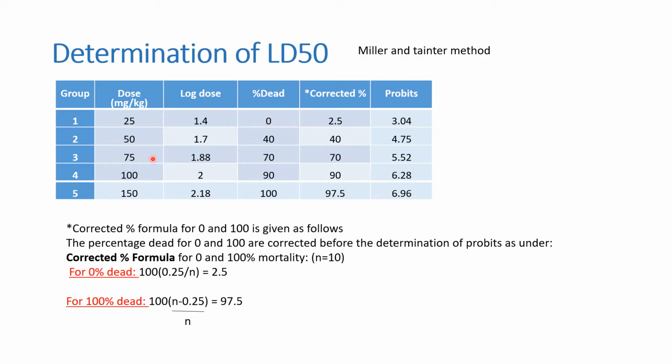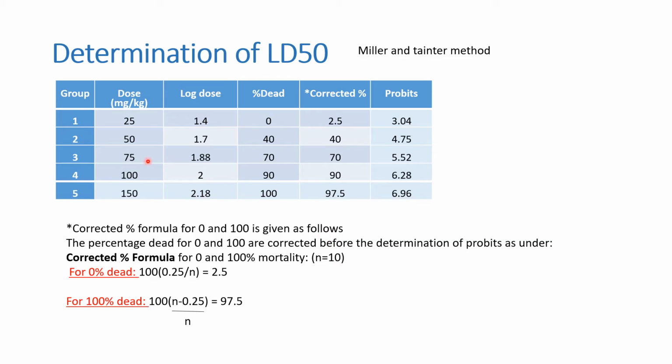At the end of the experiment, in case of 25, we got 0% death. In case of 50, the percent of animal death is 40. In this experiment, we have used 10 animals per group, so 40% means 4 animals are dead out of 10.